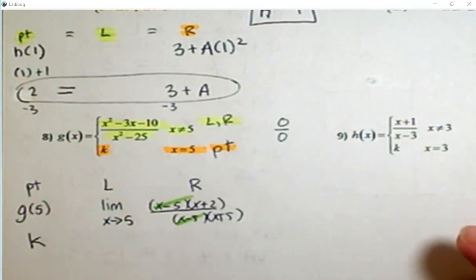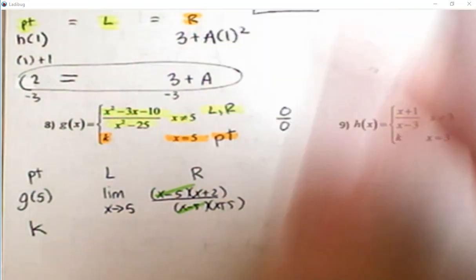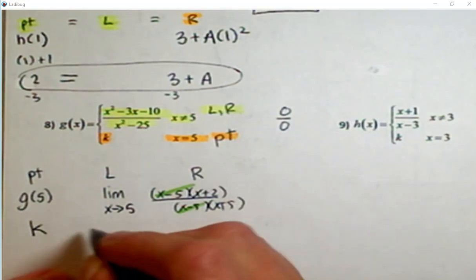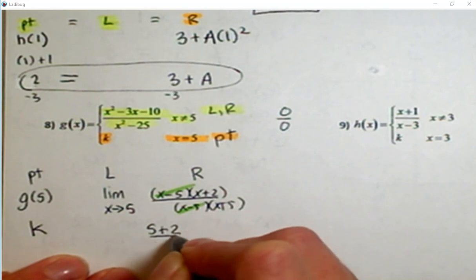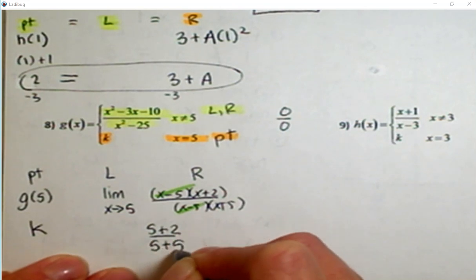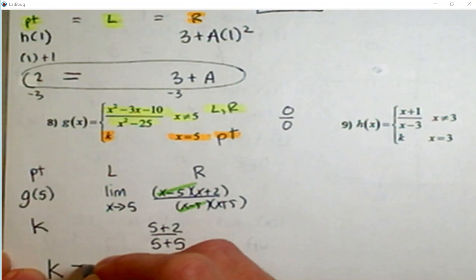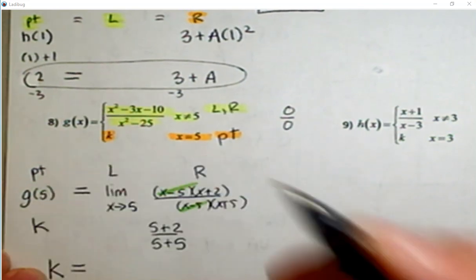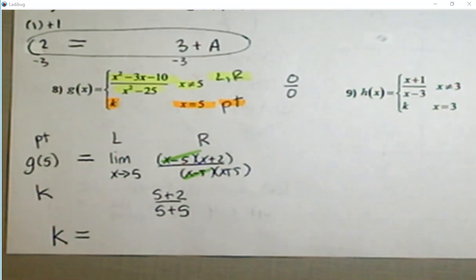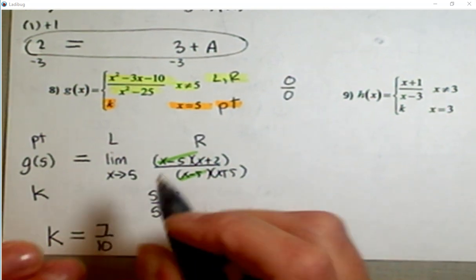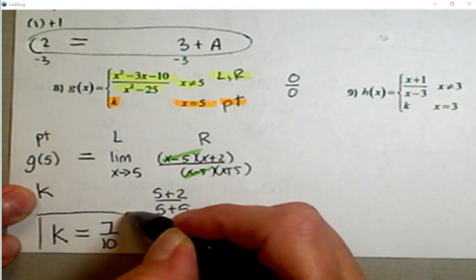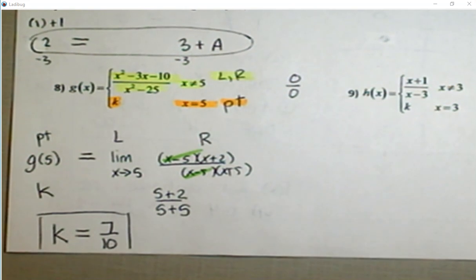So I knew there was a hole. And so I'm going to keep evaluating, and then I plug in again, and I get 5 plus 2 over 5 plus 5. And all three of these things have to be equal. Oh, so there wasn't any solving, but k has to be 7 over 10.